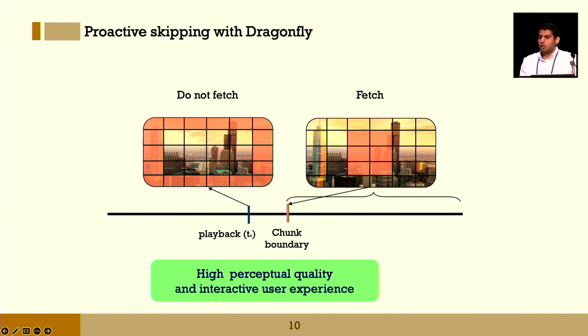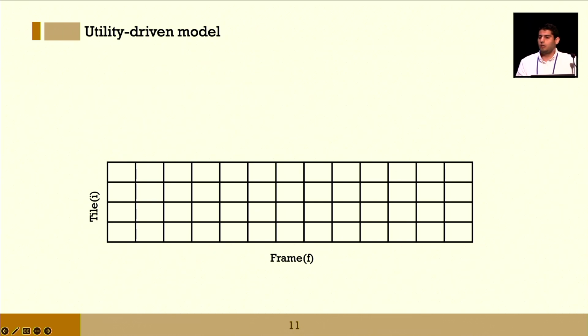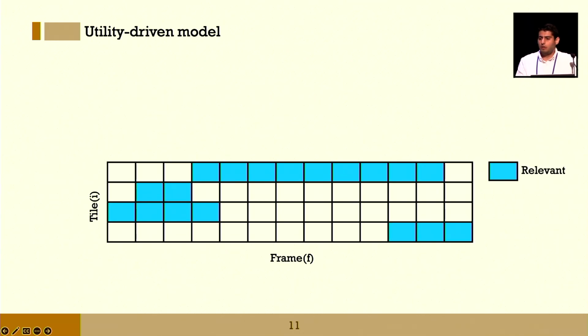Now, how do we actually make that decision? Let me quickly go over the key design of Dragonfly, which is a utility-driven model. First, we try to find whether the tile is relevant for each viewport or frame in our prediction window. Then we try to answer a couple of questions.